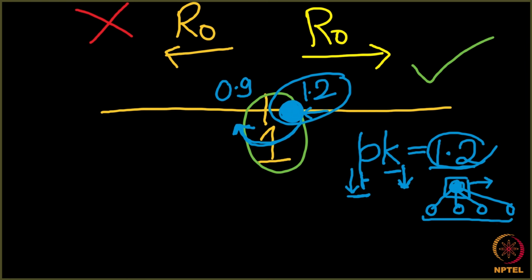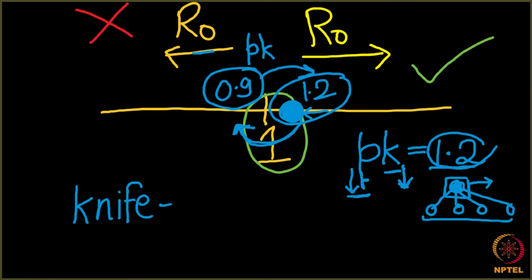And the same thing happens here. Here is a disease and the disease is not an epidemic. But let's say the value of R0 is 0.9. A little bit increase in P or a little bit increase in K can now cause this disease to become an epidemic. So this particular property of this R0 is called the knife edge property. It's like the edge of a knife, right?